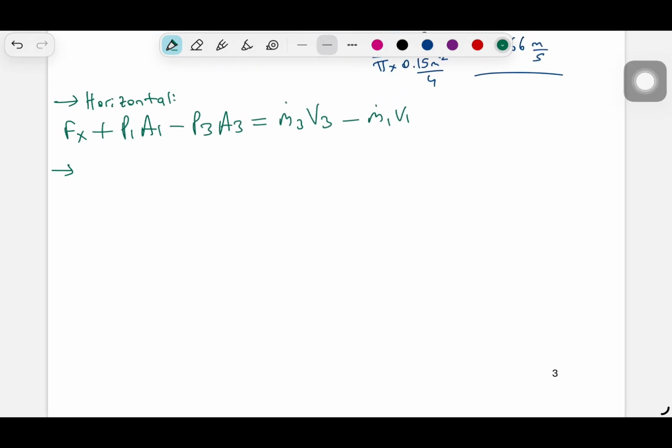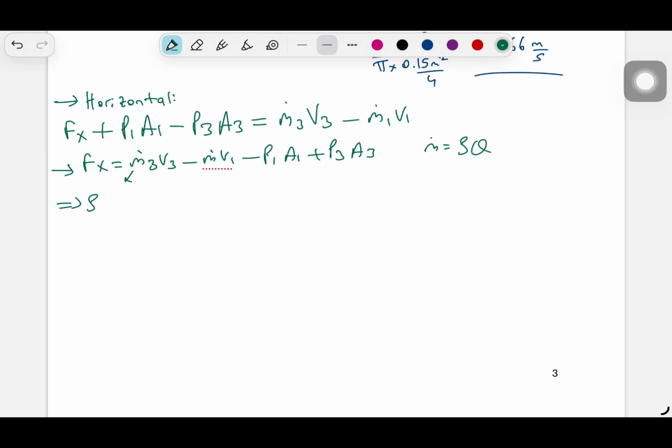So from here, we will actually get Fx is equal to m dot 3 V3 minus P1 A1 plus P3 A3. So m dot 3, mass flow rate, which is rho Q.